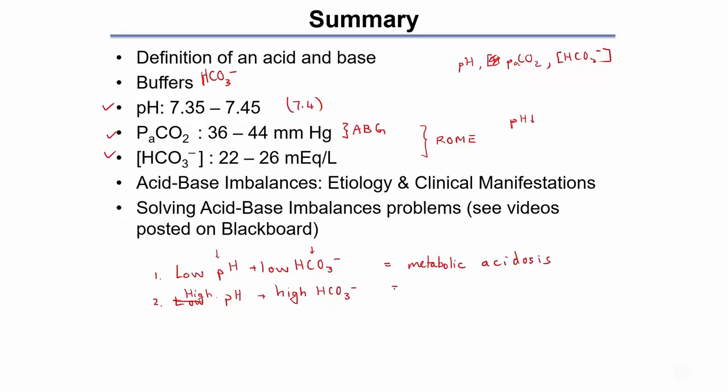High pH is firstly alkalosis, the definition of alkalosis. High bicarbonate has gone up. Metabolic alkalosis, based on the ROME acronym. That's because we have a deficit of the metabolic acids, so serum bicarbonate is not needed as much to buffer them. It increases, and pH automatically increases as well.